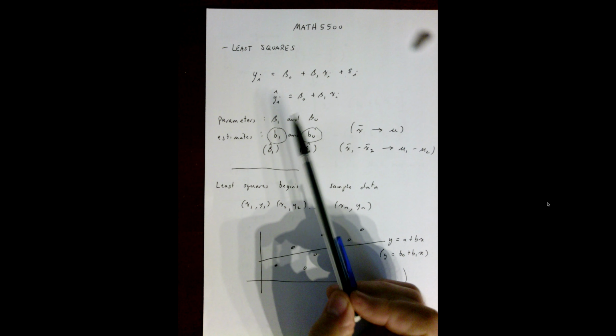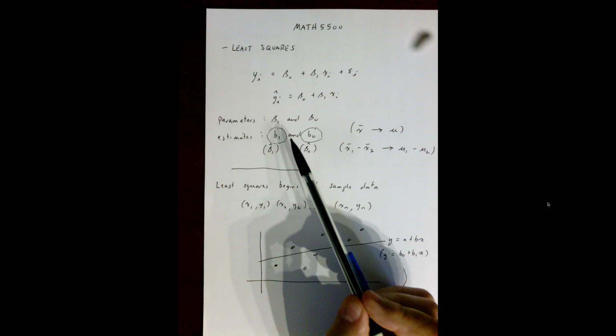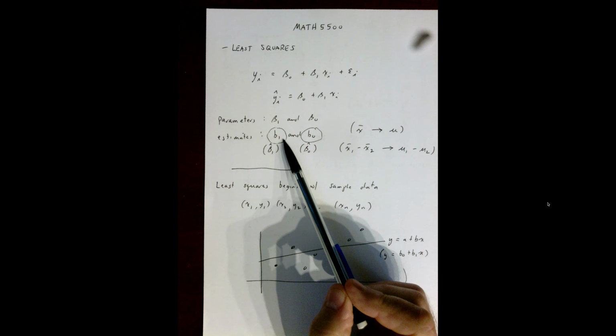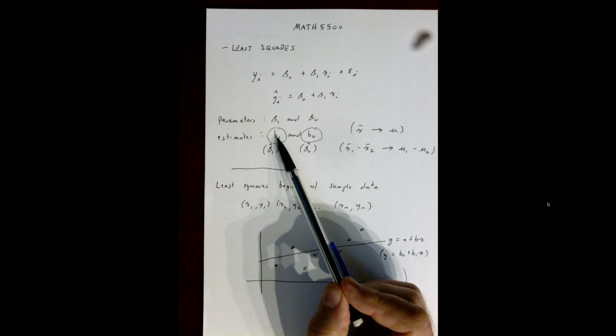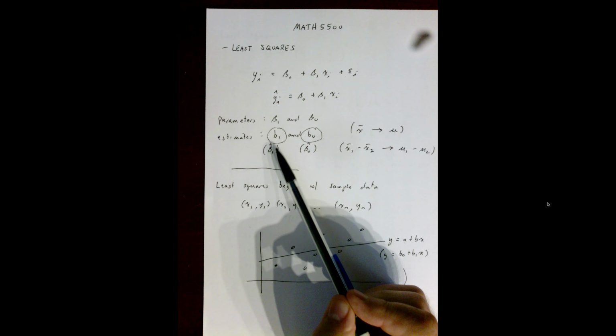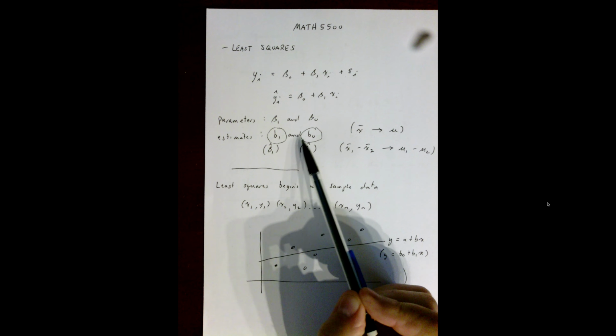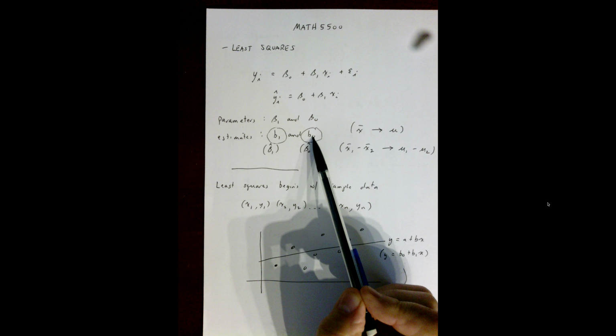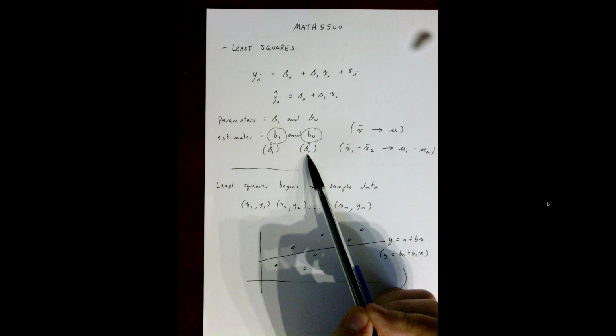So what we do is we take a sample, and from the sample we create beta estimates. So beta 1 is going to be estimated by b1 or beta 1 hat. Beta 0 is going to be estimated by b0 or beta 0 hat.